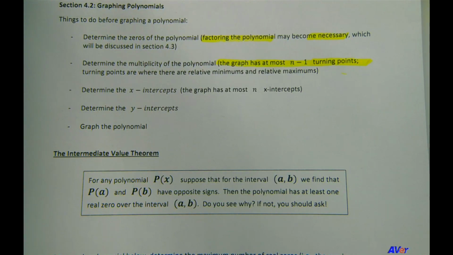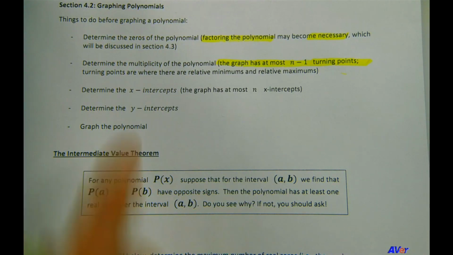We can have a maximum of n minus 1. So if a polynomial has a highest power of 9, then the maximum number of turning points we might have is 8. Oftentimes we might not have 8, but we might have 4 or 3, but the maximum of turning points we can have would be 8.